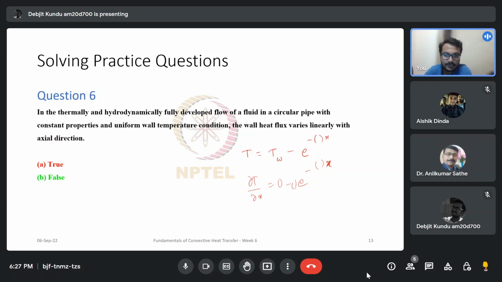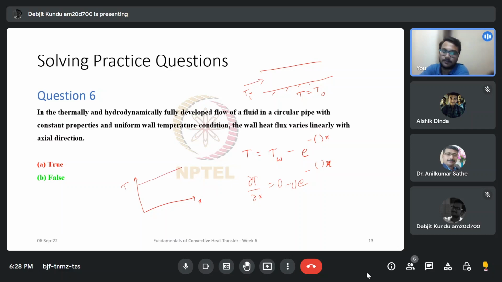From a physical argument, you can say that if I have a pipe like this and the entire wall is at a constant temperature T equal to T naught, the fluid enters with some other temperature, let's say Ti, and along the x direction, if I plot this T, let's say this T naught is higher than the temperature of the fluid.